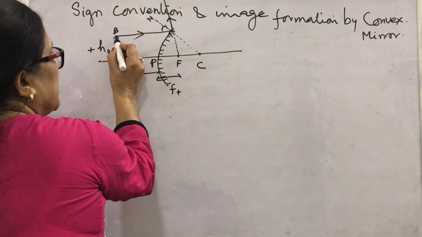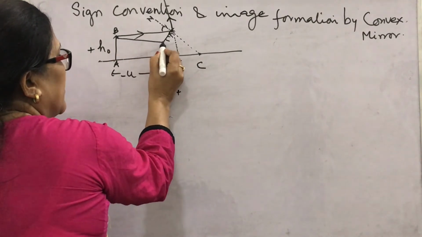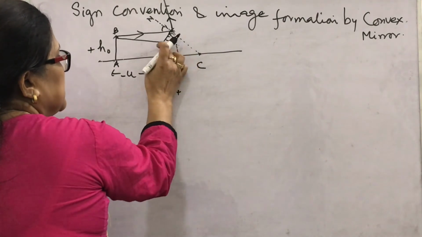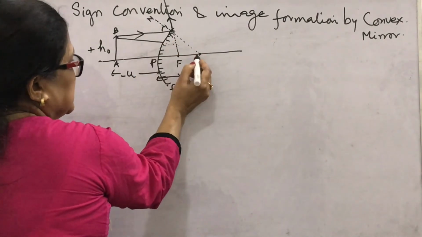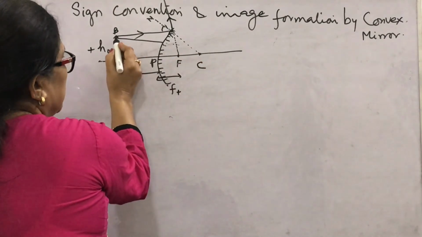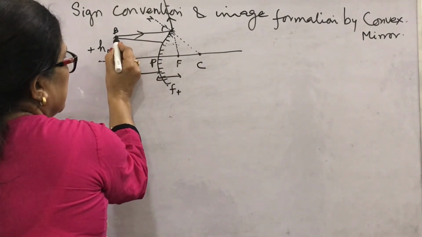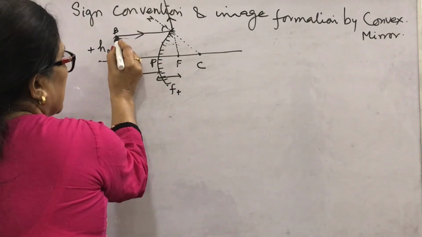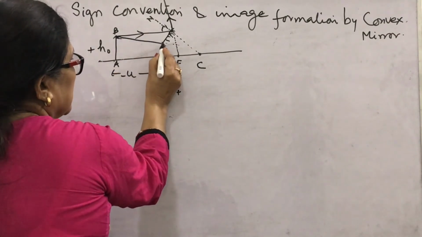You take the scale and draw a ray that comes in the direction of C. So it's better to join B and C with the scale and then mark it. Okay, I am joining like this.